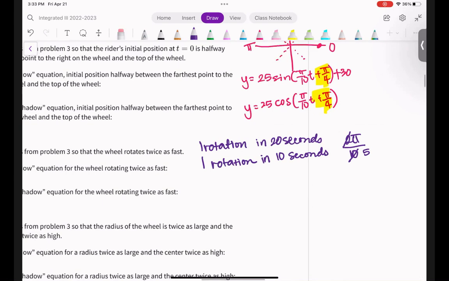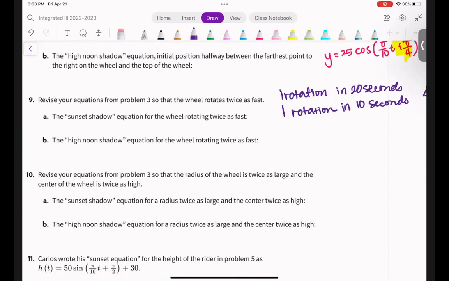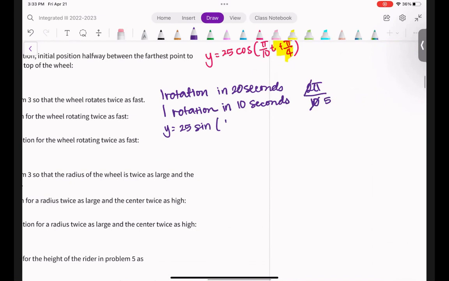Now they just want me to go with the original question. So this is going to be y equals 25 sine of pi over 5 t plus 30, and then y equals 25 cosine of pi over 5 t.